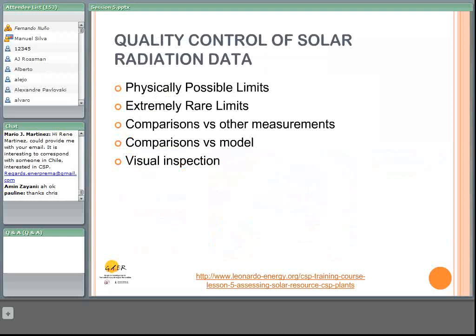If you compare this value with the value you are measuring with a pyrheliometer, you can get an assessment of your measurements. You can also compare with different models to see if the values you're measuring are within the range you expect. And finally, the visual inspection, as I mentioned, is a very important test.